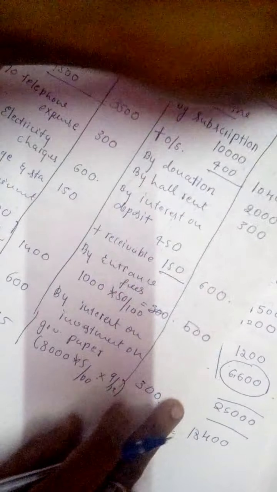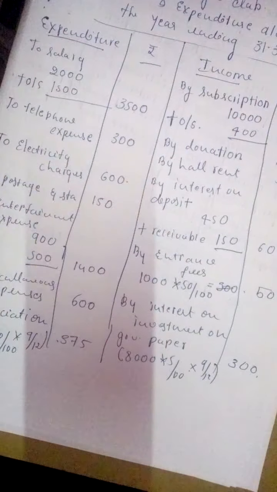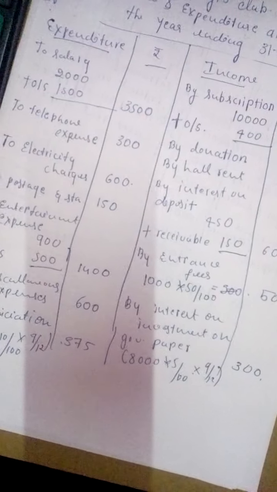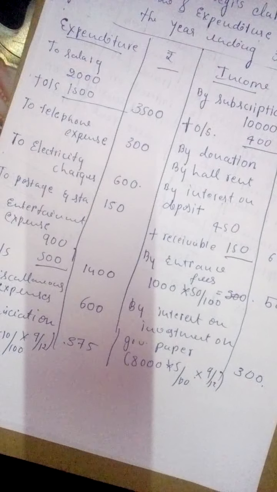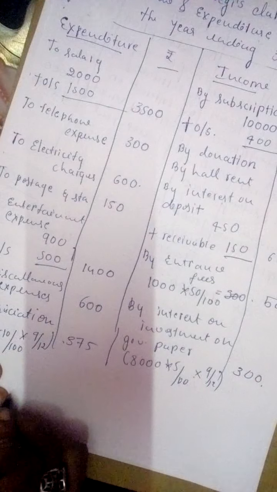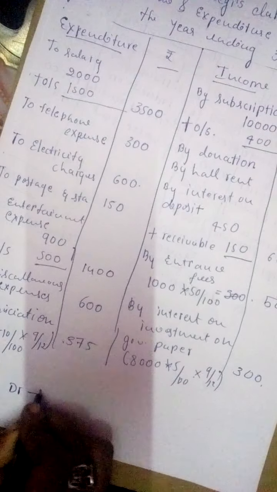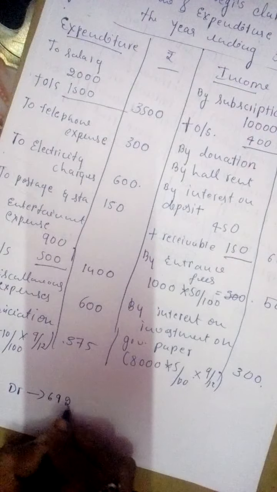Now you need to count the total of the debit side as well as the total of the credit side. So now I am going to count the total of the debit side, that is 3500, 300, then 600, 150, 1400, 600, 375. Now the total of the debit side is 6925.